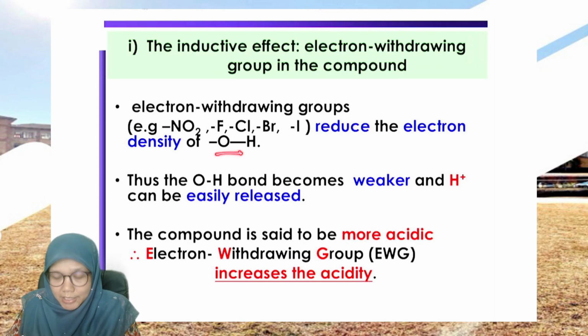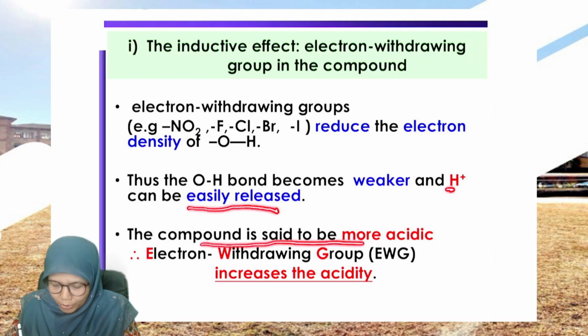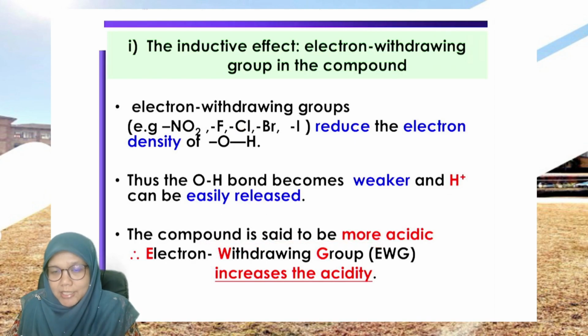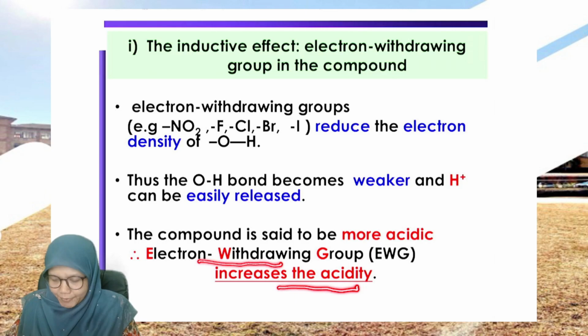Jadi bila density of electron dekat OH ni rendah, thus OH become weaker. So OH bond ini become weaker and H plus can be easily released. The compound is said to be more acidic. Sebab H plus senang nak release, jadi lebih berasid lah.